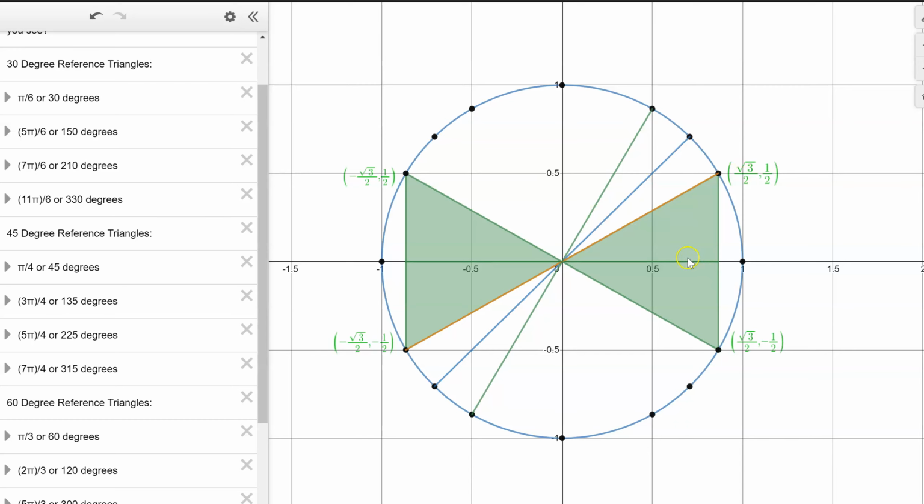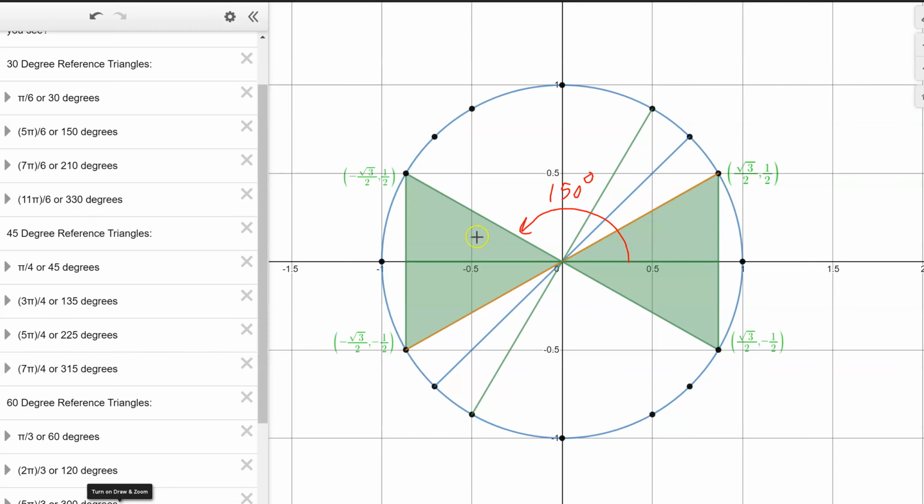But if you knew the value at 30 degrees, then you also know the value at 150, at 210, and at 330. All you would have to do is subtract. So from here to here is 150 degrees.